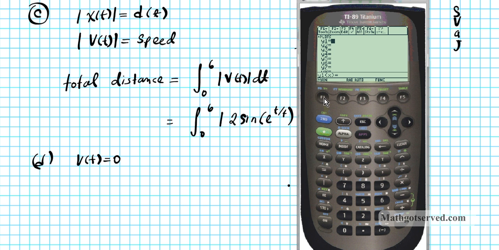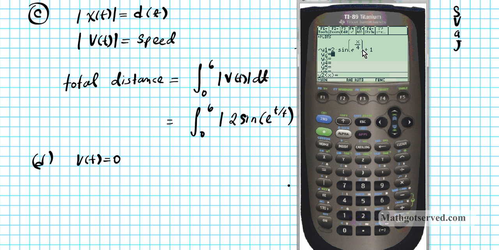So we're going to go to the Y menu, and then I'm going to enter the function. You're going to enter 2 sine e to the x over 4, close that, close the trig function and add 1.